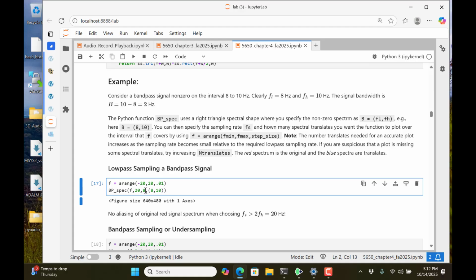And then I'm saying the signal bandwidth runs from 8 to 10. So based on what I've told you so far, if the signal goes from 8 to 10 and I'm sampling at 20, I'm satisfying which sampling theorem? The low-pass sampling theorem, or something I was calling the bandpass a few minutes ago. Yeah, it'd be the low-pass.